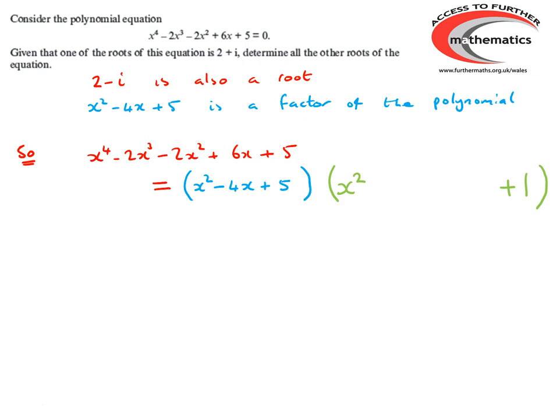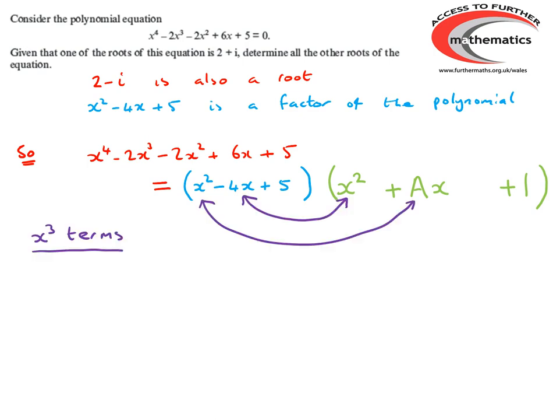So at this stage I've got the x to the 4 sorted out at the extreme left of the left hand side. I've also got the 5 at the extreme right of the left hand side sorted out. There's almost certainly going to be something going into the middle of the second bracket. Okay, and what we'll do now is concentrate on the x cubed terms.